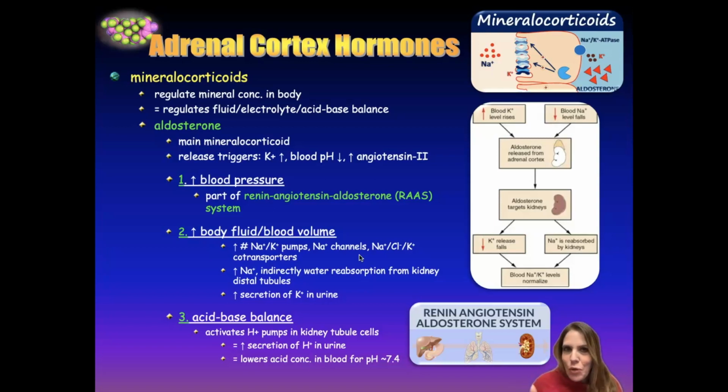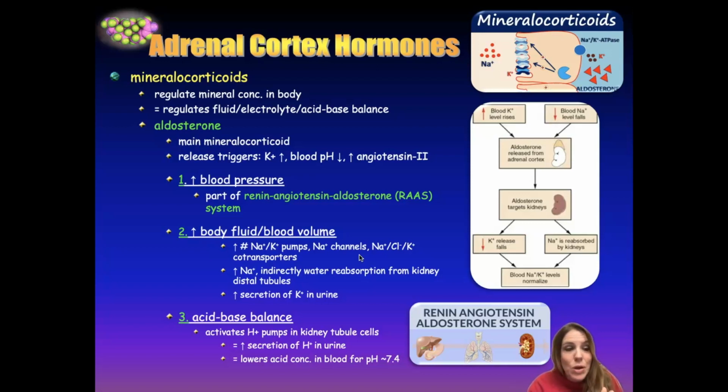Well, you know from your understanding of diffusion and osmosis that when you increase the concentration of a solute like sodium, the next thing that's going to happen is osmosis is going to make water want to go into the area where the sodium is to dilute it, balance it out, because water wants to go from an area where it has greater concentration of water to an area where it has less concentration of water.